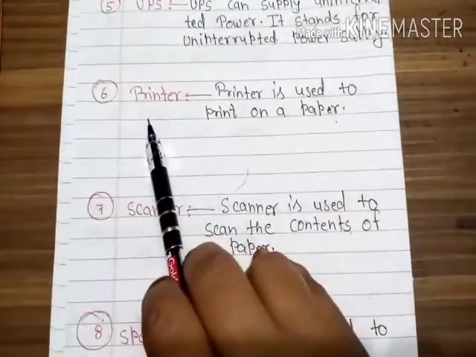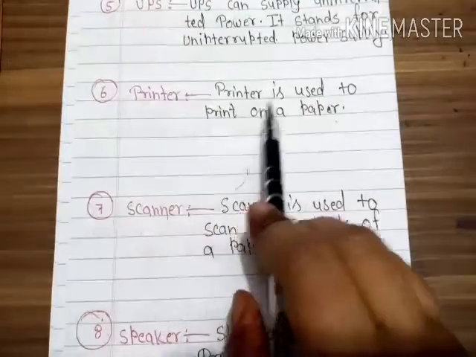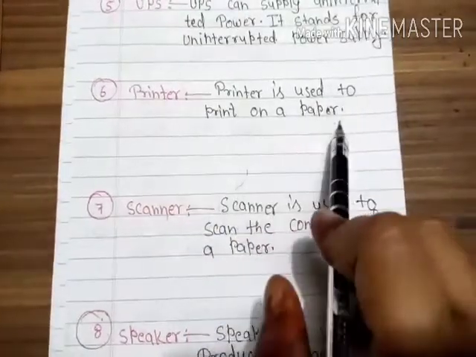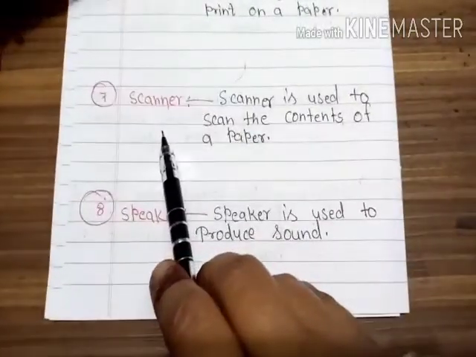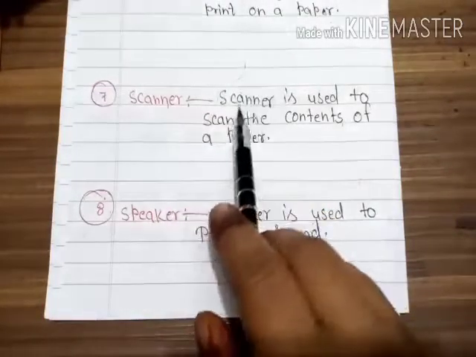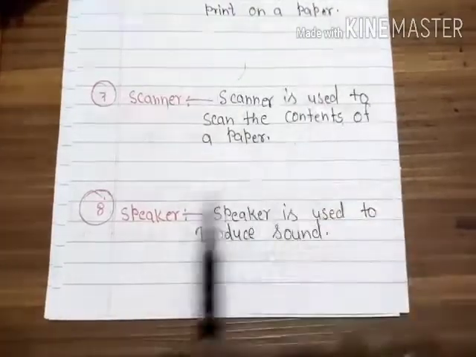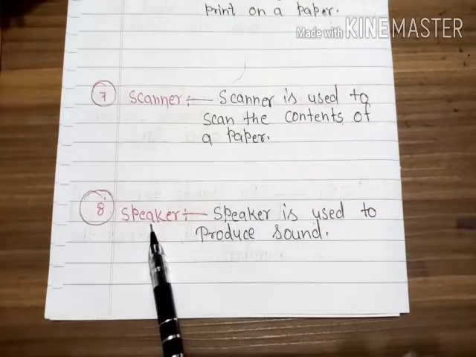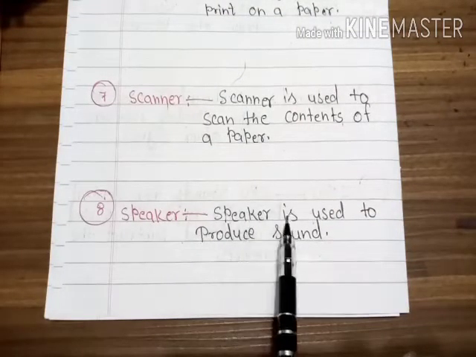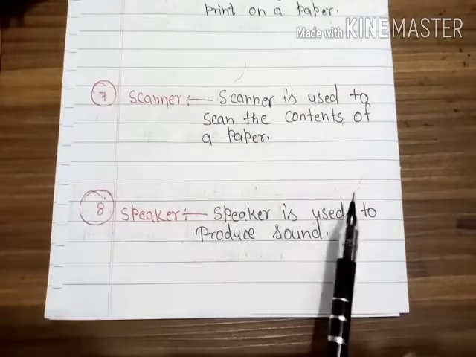Number 6, it is about printer. Printer is used to print on a paper. Number 7, it is about scanner. Scanner is used to scan the contents of a paper. The last one is number 8, speaker. Speaker is used to produce sound.